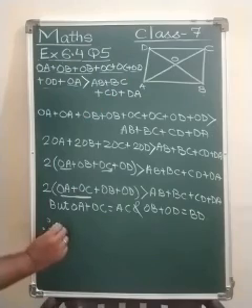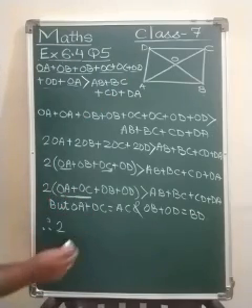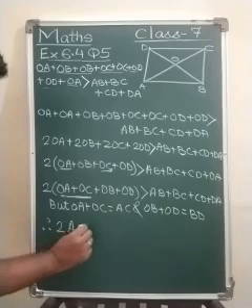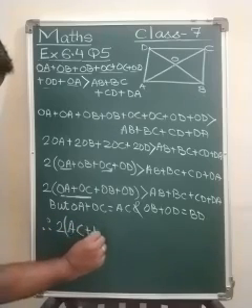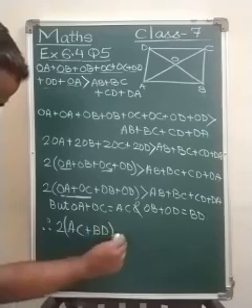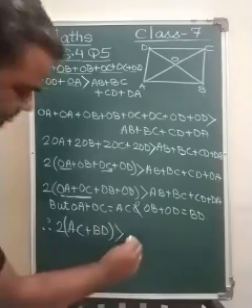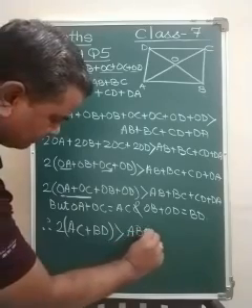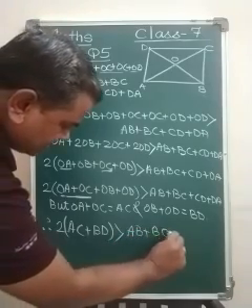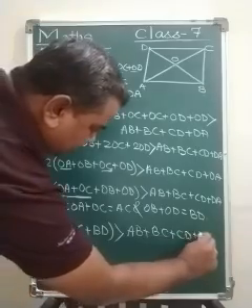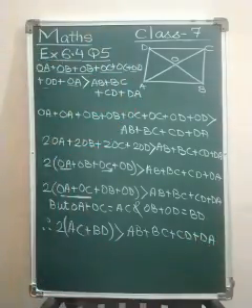Therefore, twice OA plus OC we can write down AC plus BD is greater than AB plus BC plus CD plus DA.